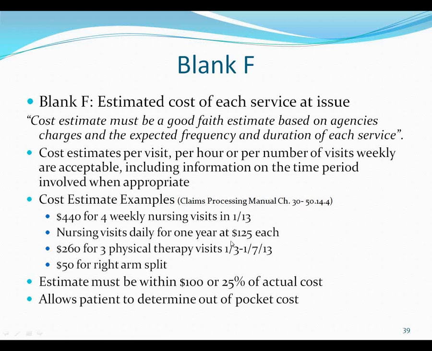Nursing visits daily for 1 year at $125 each. $260 for 3 physical therapy visits for a week in January. And $50 for a right arm splint. The regulation also goes on to say that they want you to estimate within $100 or at least 25% of the actual cost, because it is allowing the patient to be able to determine any out-of-pocket cost to them.